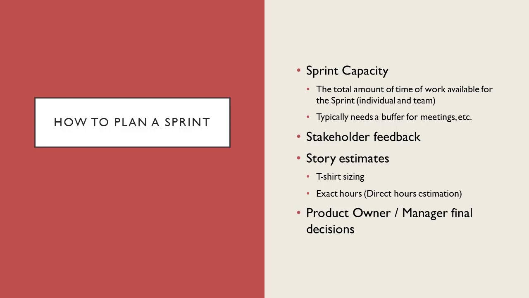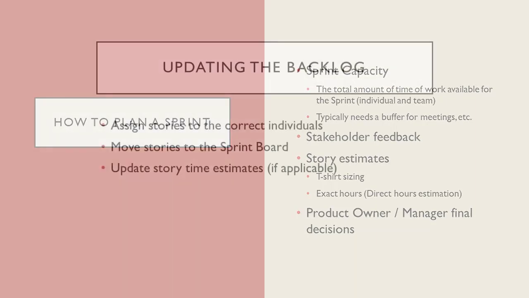T-shirt sizing uses a completed story where time has been tracked as a baseline. This story is defined as a medium t-shirt size for developers to refer to and define stories as either small, medium, or large relative to that baseline story in order to estimate how long they think the story will take and how difficult it can be.